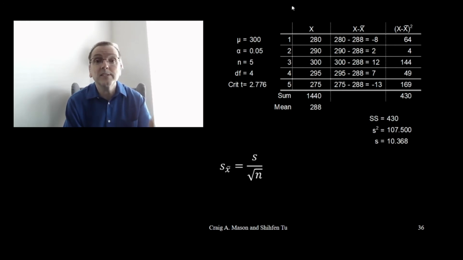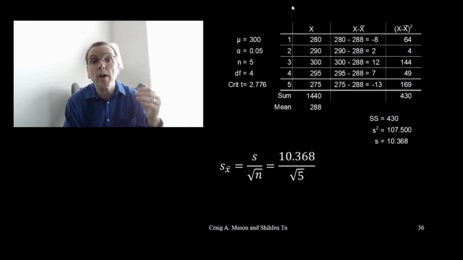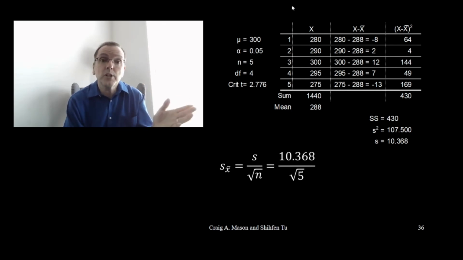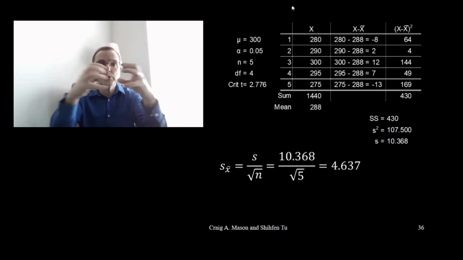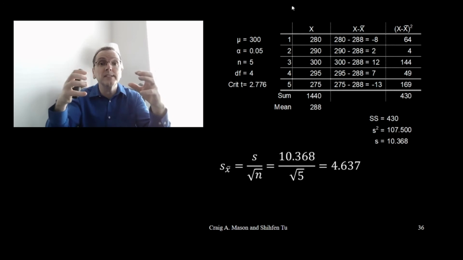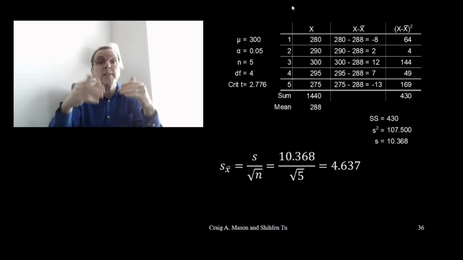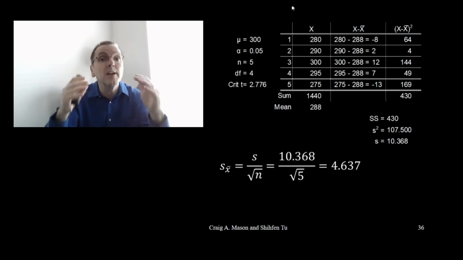Plugging in our data, this is just 10.368 divided by the square root of 5, which gives us 4.637.